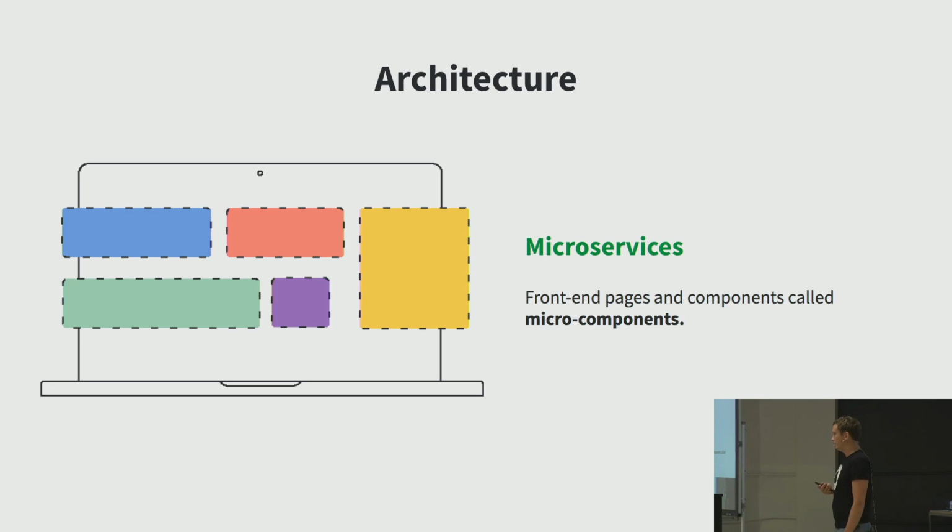And we kind of did the same thing in the front end with micro components or microservices in the front end, which is kind of unusual because usually your application pages are different applications, but we are building a single page application, which means that when you navigate from one view to another, you're still in the same session, and your JavaScript is simply changing the views that are rendering.